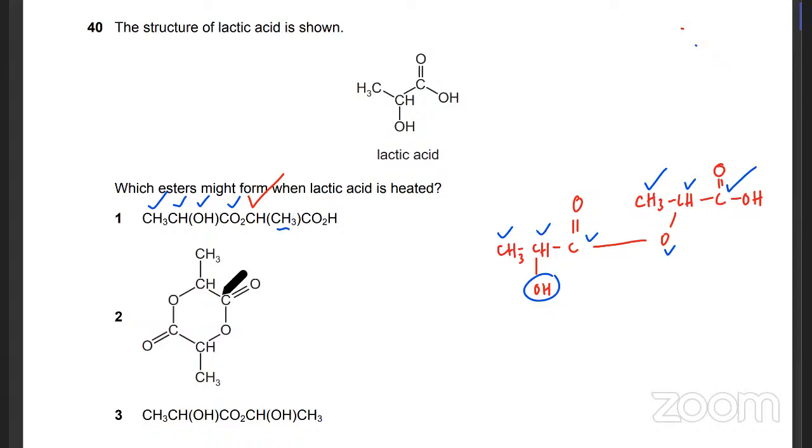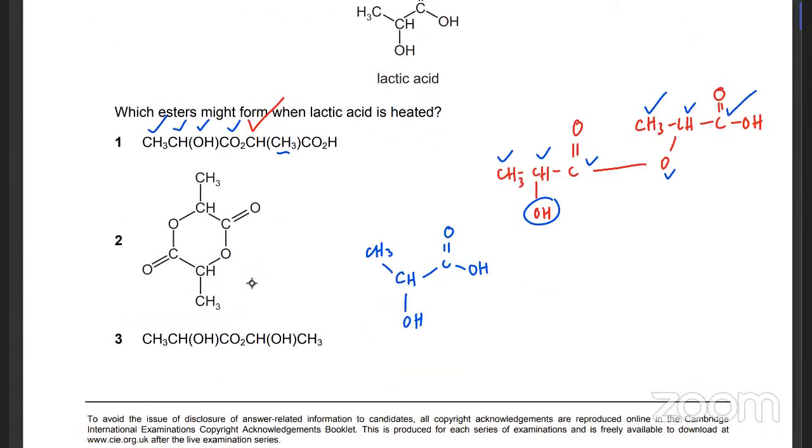What about the second one? Can the second one be formed? Sure. That will also form, because again, in this one, you'll have 2 lactic acid molecules. So this is one molecule, and there's going to be another one that would be the other way around.